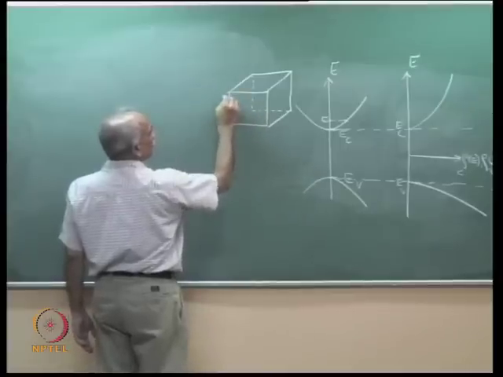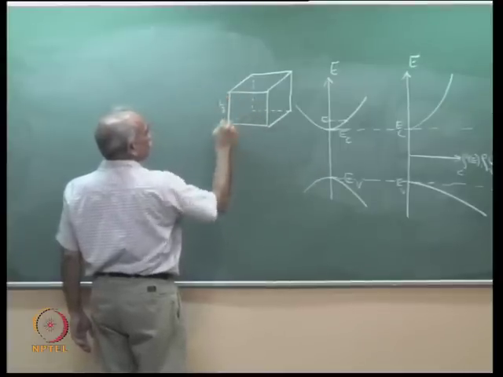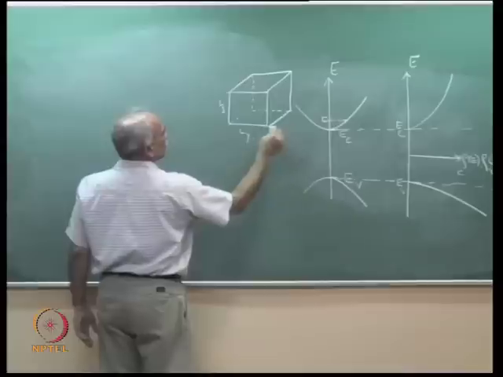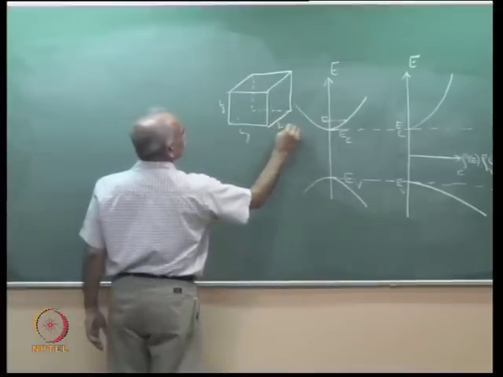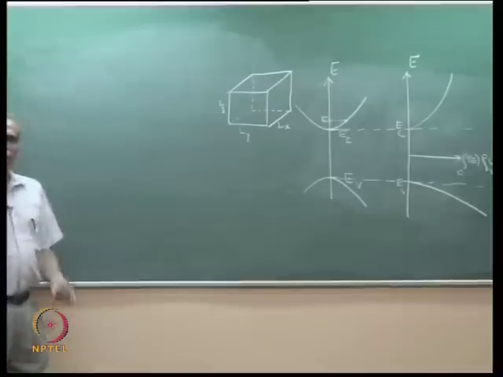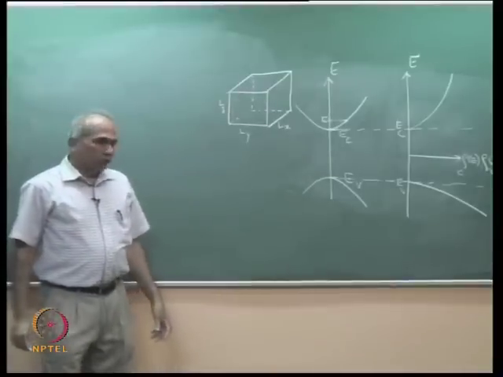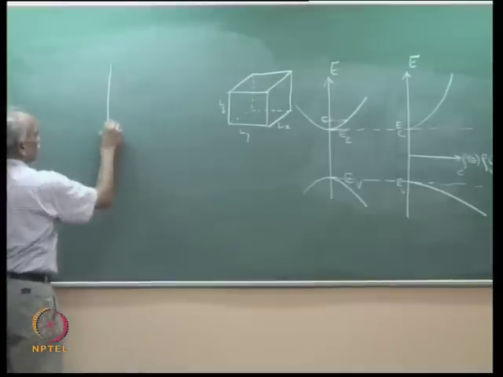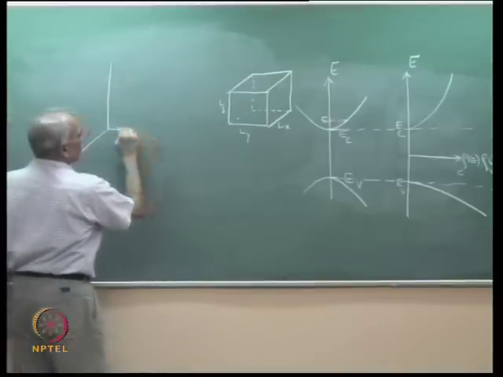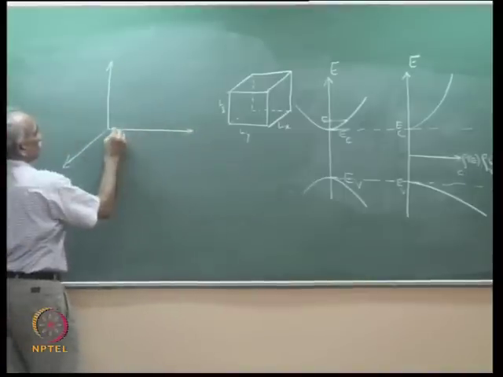Lx, Ly and Lz. This is Lz, this is Ly, and this dimension was Lx. A piece of semiconductor with these dimensions. And correspondingly, in the K space, we got allowed values of Ky.